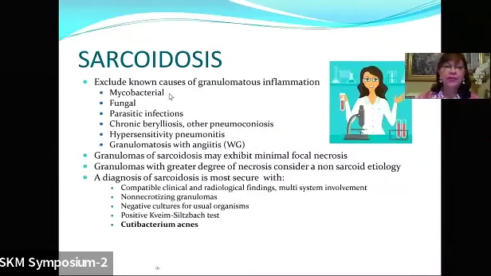Make sure it's negative for mycobacteria, fungal, usual parasitic organisms, and also maybe granulomatosis with angiitis. The granulomas of sarcoidosis should not show necrosis, or if they do, just minimal focal necrosis. If you see greater necrosis, then you really have to suspect a non-sarcoid etiology.